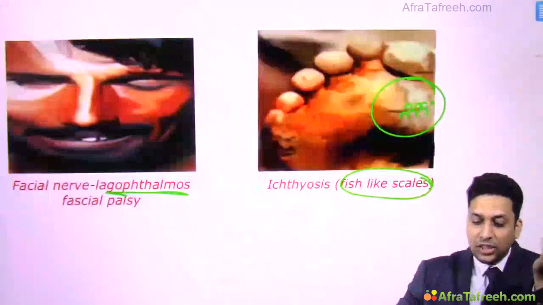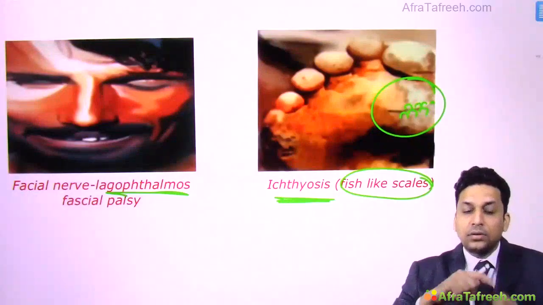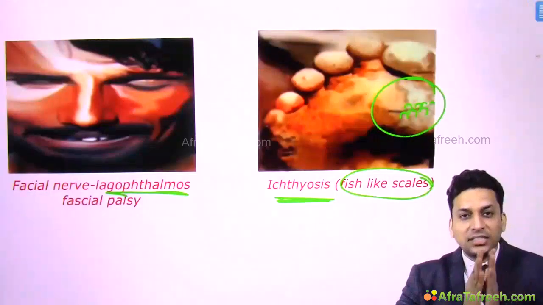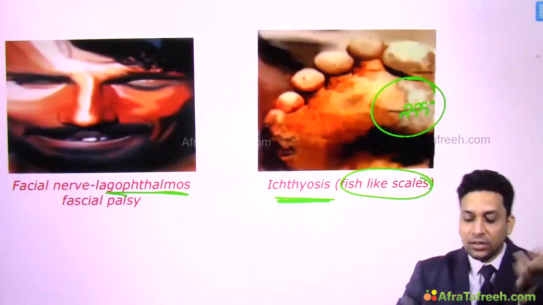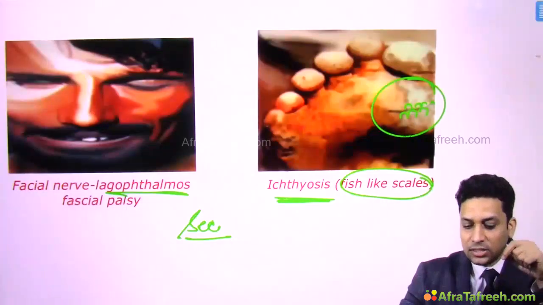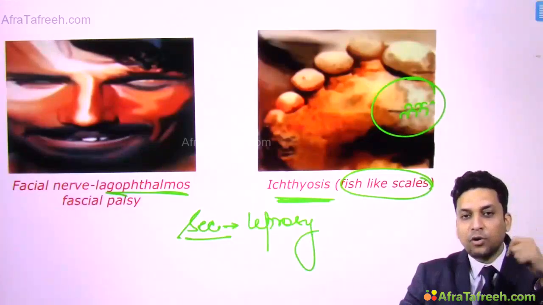Now remember that ichthyosis can be due to leprosy also. Ichthyosis is a genetic condition we will be discussing later. It is a genetic condition, that is ichthyosis vulgaris, X-linked ichthyosis, but there can be secondary ichthyosis. That is primary, which is genetic. This is secondary ichthyosis, and leprosy is a cause of secondary ichthyosis. Due to autonomic system involvement, dryness of the skin and ichthyotic-like changes can occur.